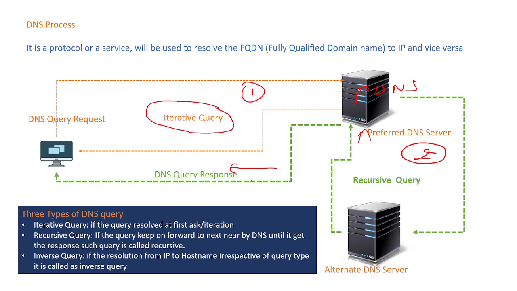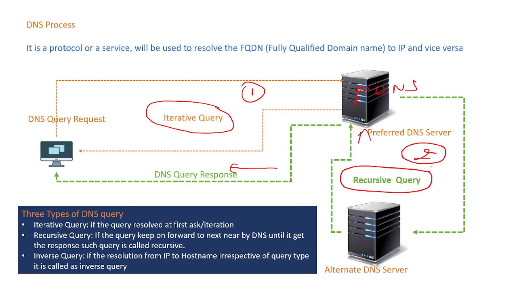In the loop, the query is getting forwarded. No matter if it is 2, 3 or 4 servers, if the query is getting forwarded to the next nearby DNS server till it gets the result, such resolution we call a recursive query resolution.